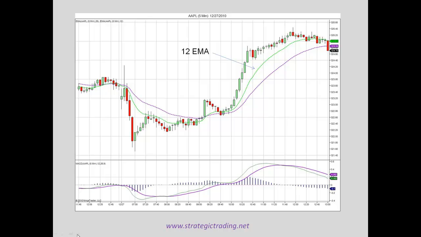The green line represents a 12 exponential moving average, and the purple line is a 26 exponential moving average. Now let's take a look at our MACD. The purple line is the MACD line, and the green line is the signal line. We are going to focus our interest in this presentation on the points where these two lines cross.